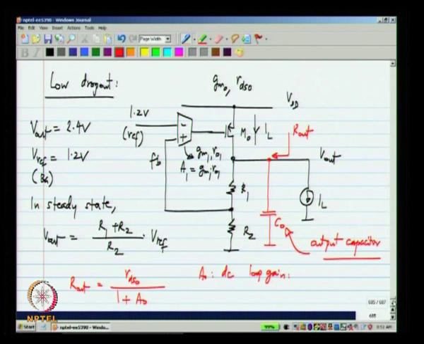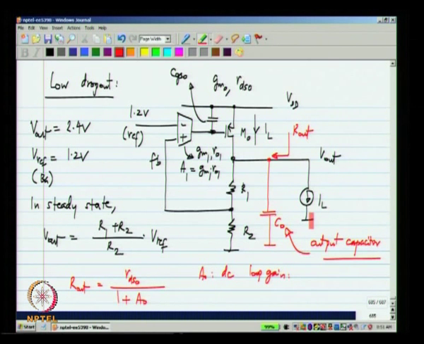So, now we have to worry about stability of this negative feedback system. First of all, there is one large capacitor that is definitely going to be present, and that is the CGS of M0, and any parasitic capacitance at this node I have also absorbed into the CGS of M0. Okay. So, this will definitely be there.